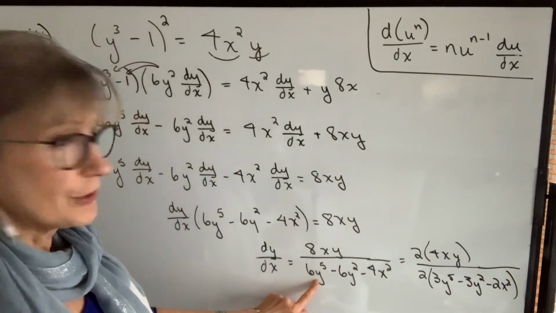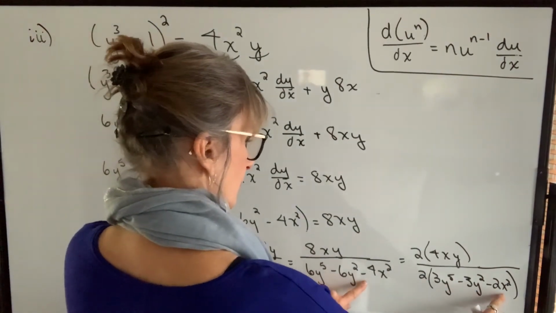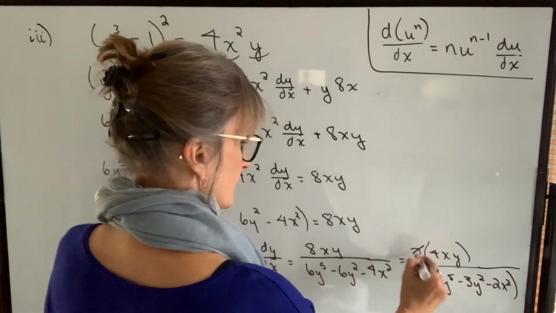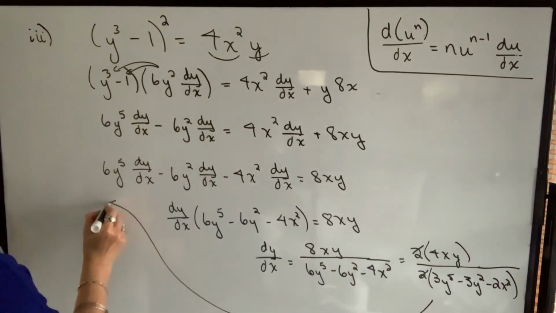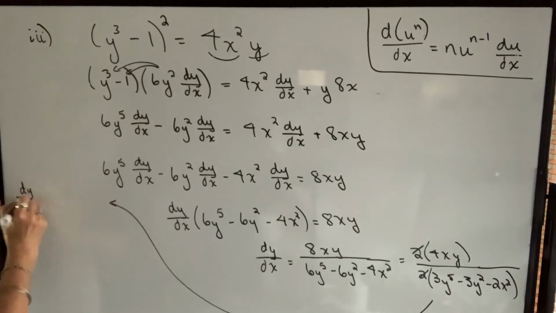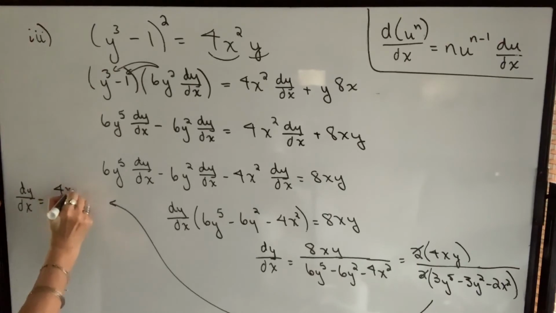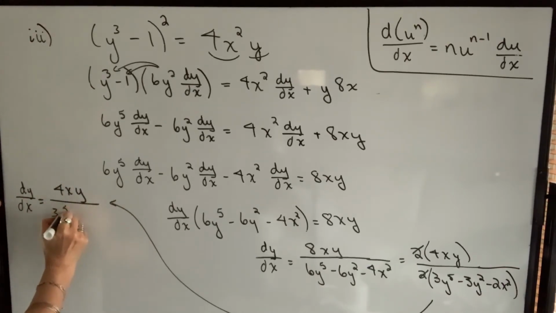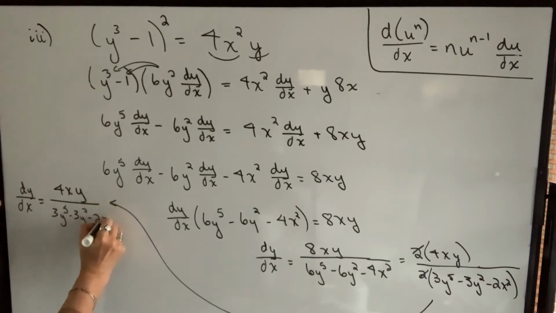When I factor it out of the denominator, I have 3y to the 5th minus 3y squared minus 2x squared. I can cancel the common factors. So my simplified answer would be 4xy over 3y to the 5th minus 3y squared minus 2x squared.